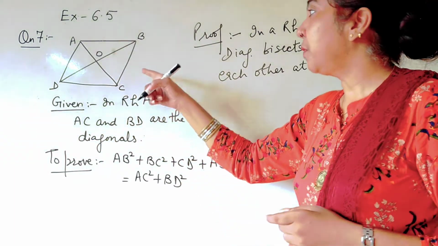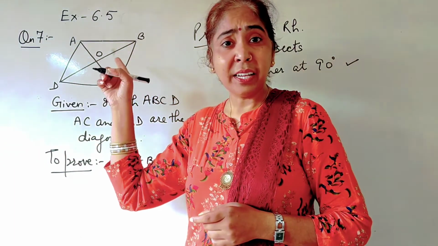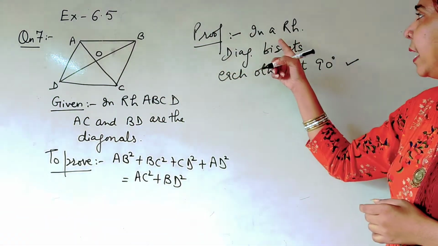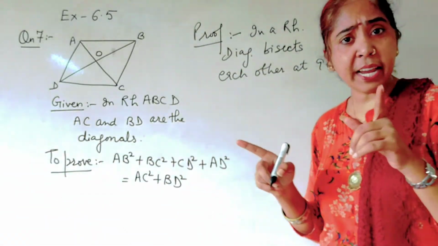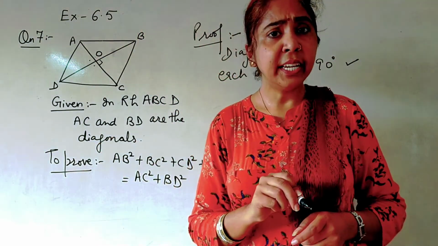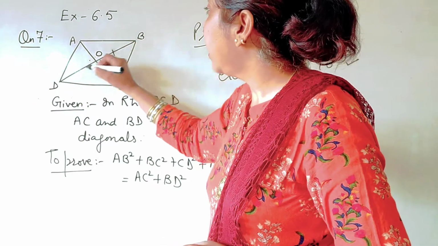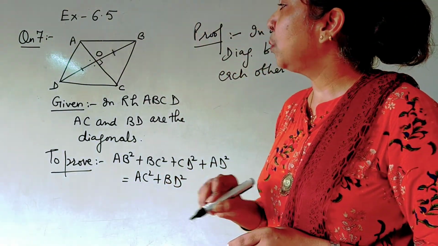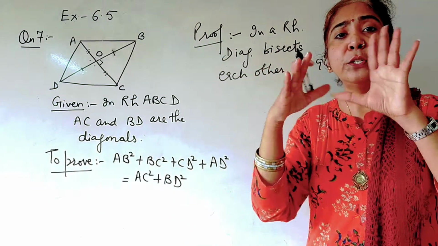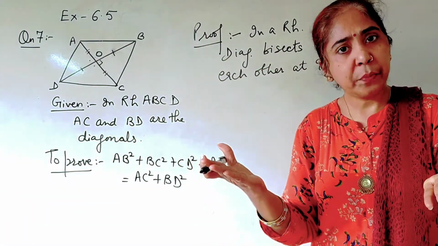So in a rhombus, if you are not able to see the right angle, just think over the properties. We have a property that diagonals bisect each other at 90 degrees. That means all these angles are 90 degrees, and BO is equal to DO, AO is equal to OC. Bisect means in two equal parts.